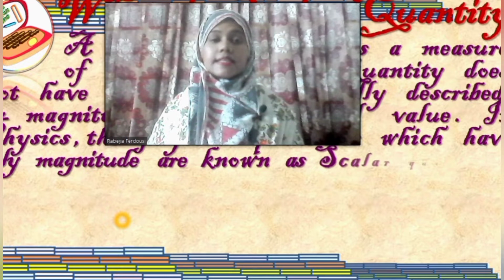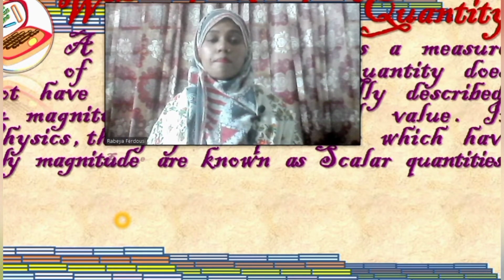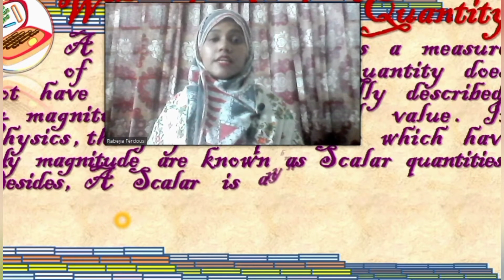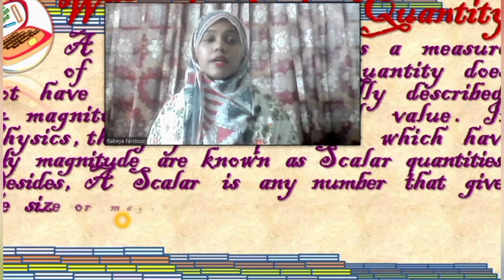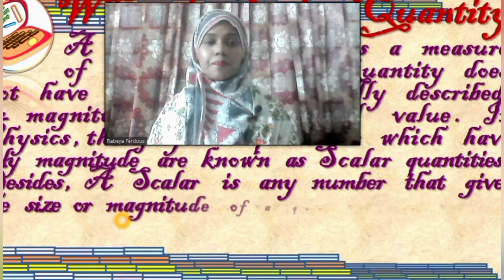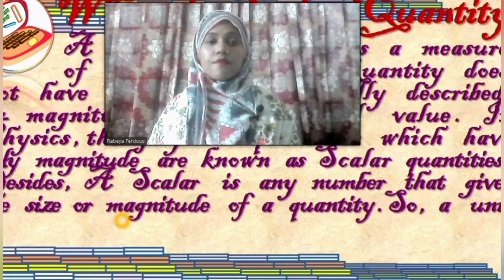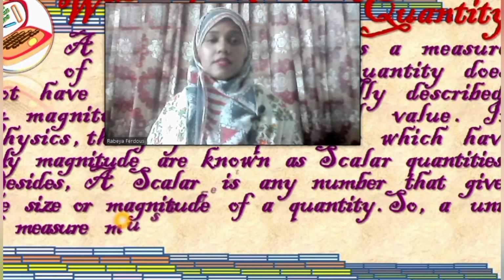Besides, a scalar is any number that gives the size or magnitude of a quantity. So, a unit of measure must be attached to the number, like meters, kilograms or seconds. In physics, the physical quantities which have only magnitude are known as scalar quantities.